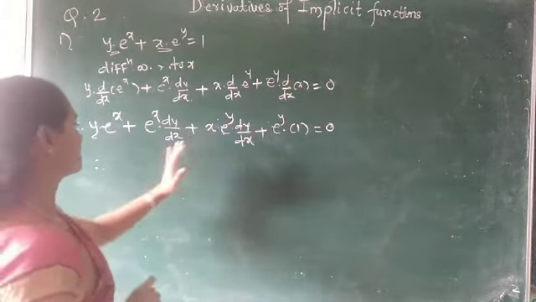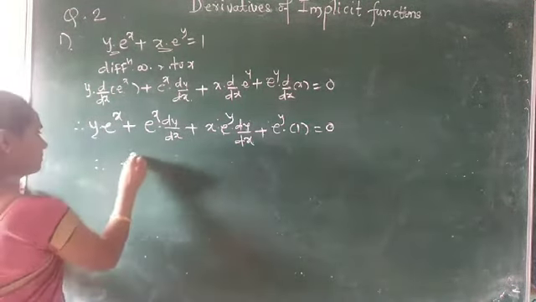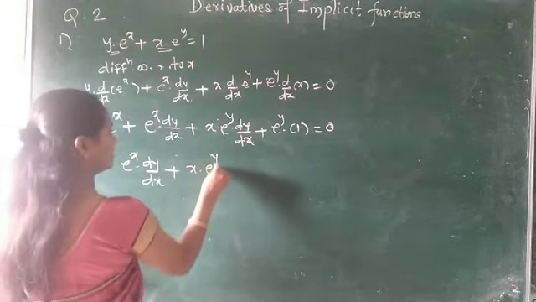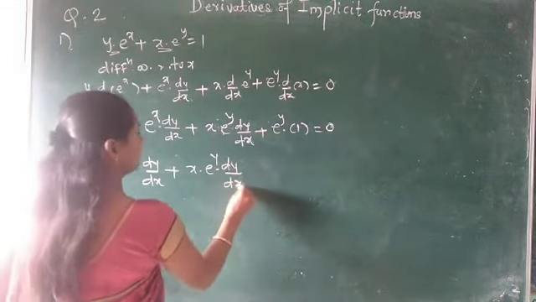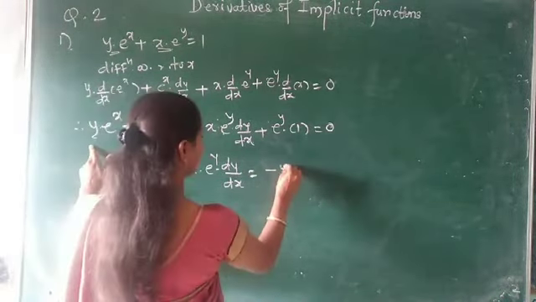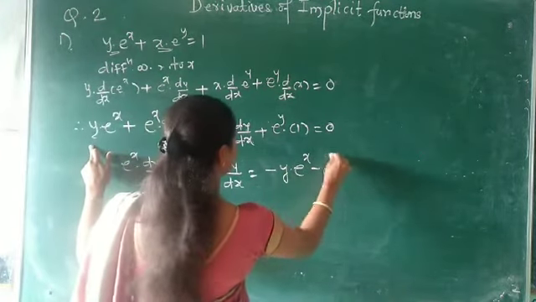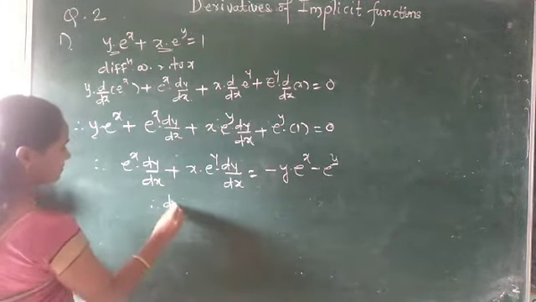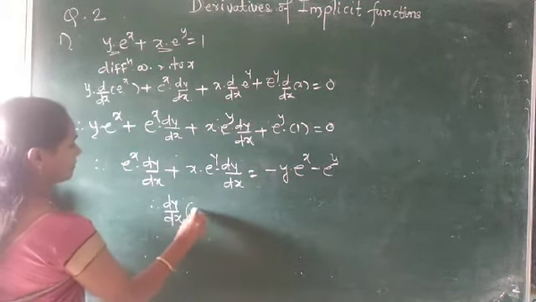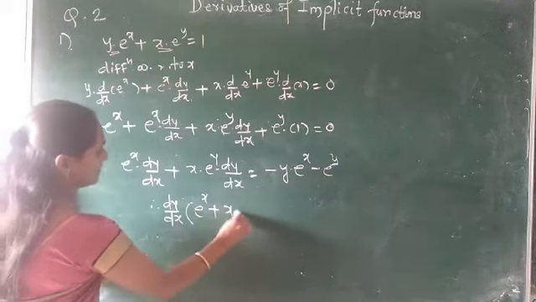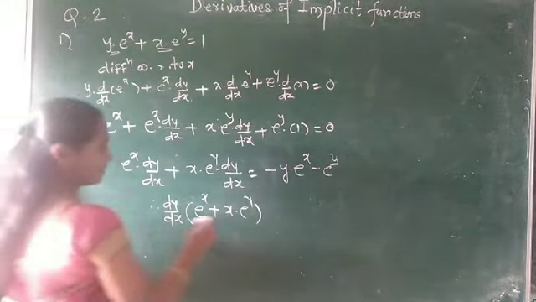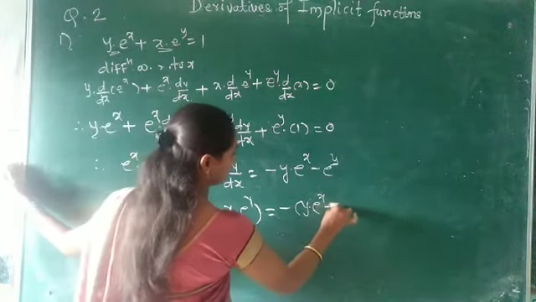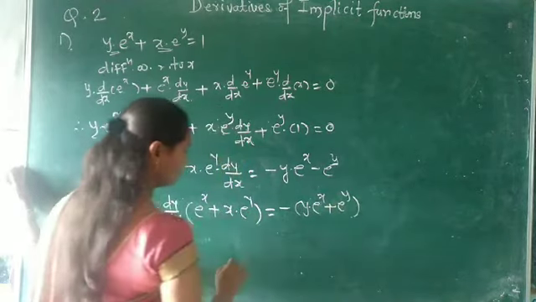Now again take the terms of dy by dx. e raised to x into dy by dx plus x into e raised to y into dy upon dx is equal to minus y e raised to x minus e raised to y. Now take dy by dx common from the bracket: e raised to x plus x into e raised to y is equal to, again take the minus sign outside, y into e raised to x plus e raised to y.